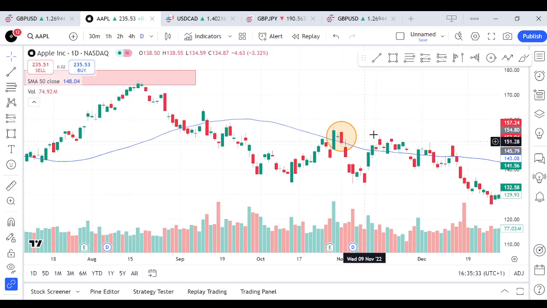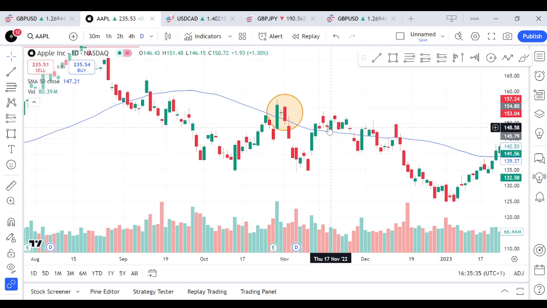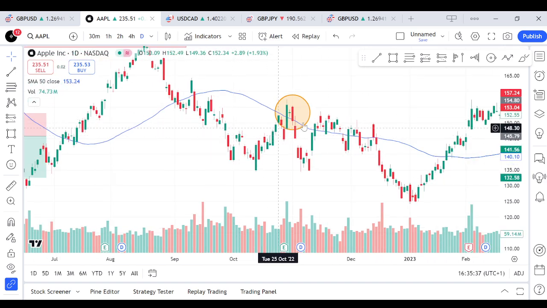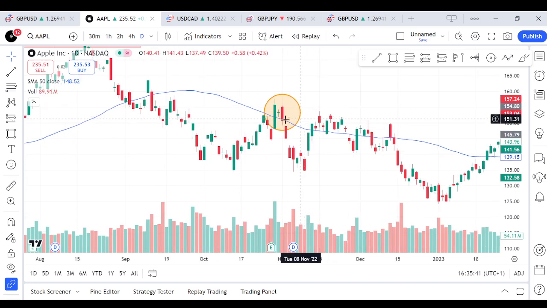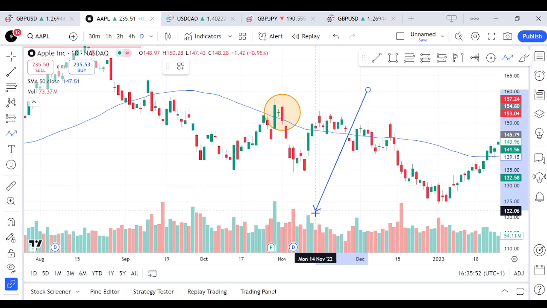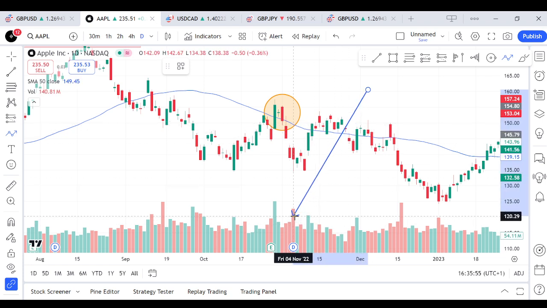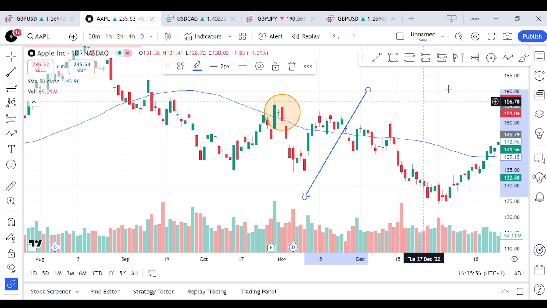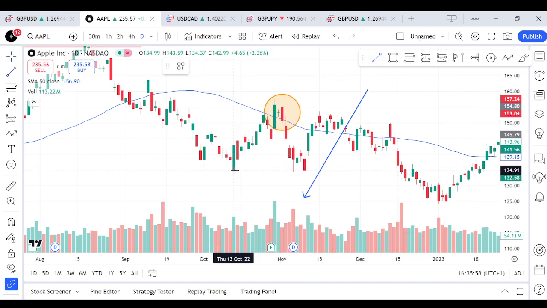You can see another example. This is another wonderful example. So price was basically using the 50-day moving average as resistance, and you can see it had the bearish belt hold candlestick pattern. The next candle closed bearish, also confirming this pattern, and you see the increasing selling volume, and you can see this support level.